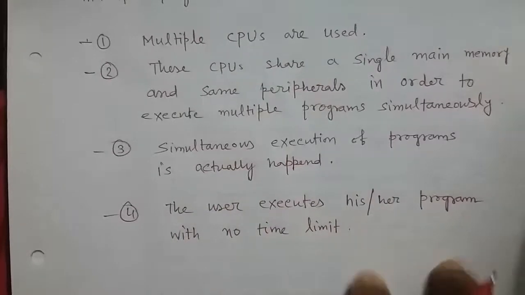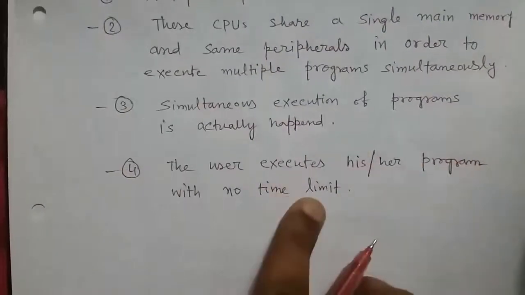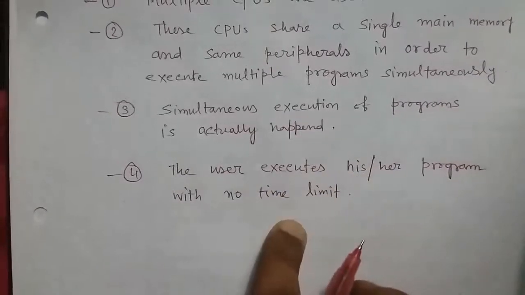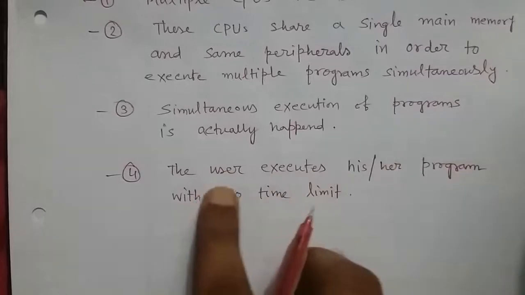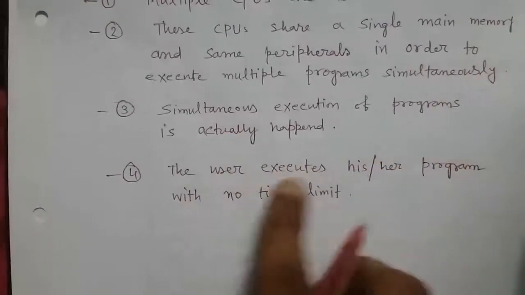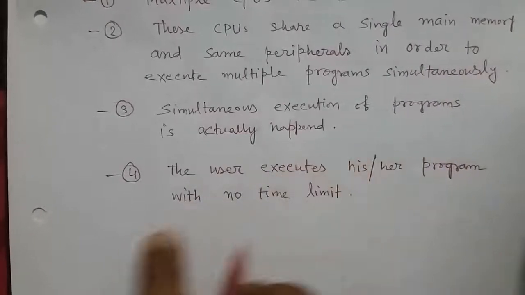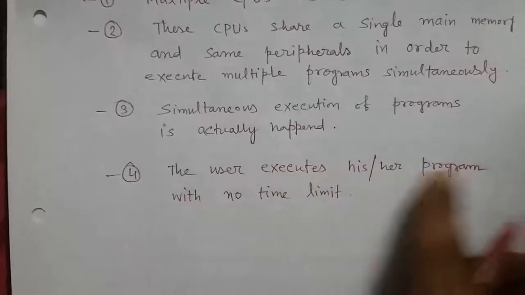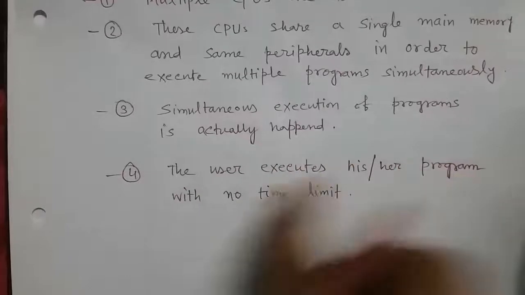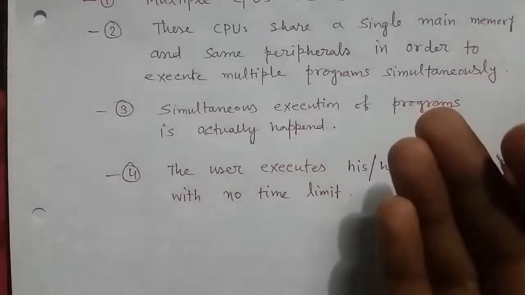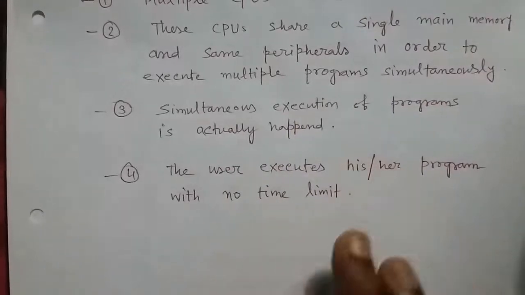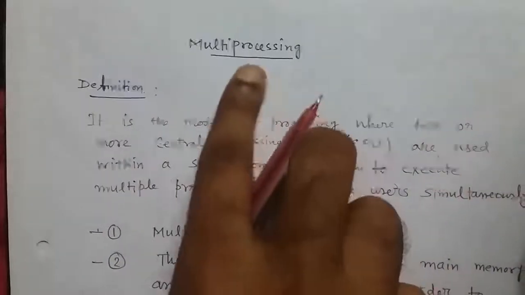In time sharing system or multiprogramming, there was a time limit for every user, and they were given a time slot, and within that time slot that user was allowed to execute his or her program. But in case of multiprocessor, the user executes his or her program with no time limit. That's why they can independently execute their programs. So these are the important points you need to remember about multiprocessing.